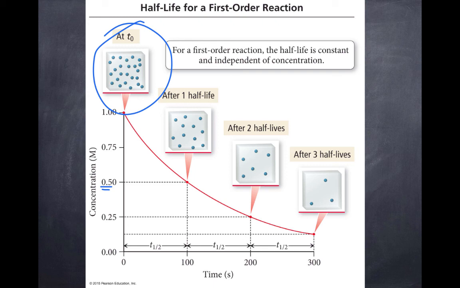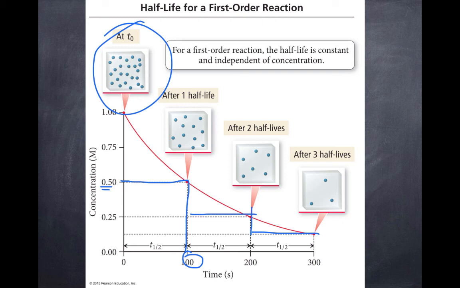And so we see here it took 100 seconds in order to cut our concentration to 0.5, so our half-life would be 100 seconds. And what that means is that every 100 seconds the concentration is cut in half. So we went from 1 to 0.5, and then we go from 0.5 down to 0.25, from 0.25 down to 0.125, etc.